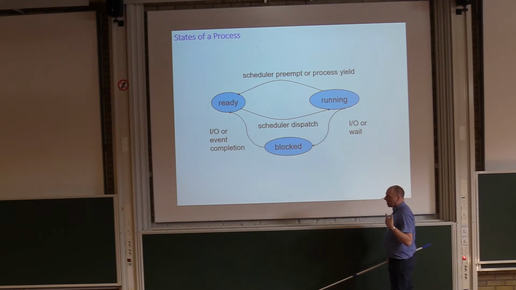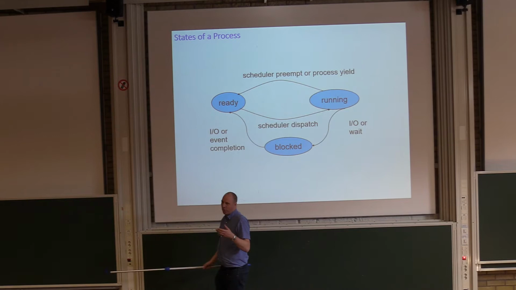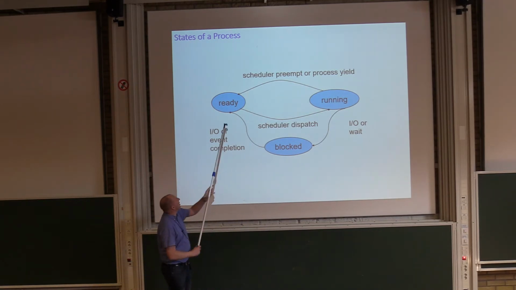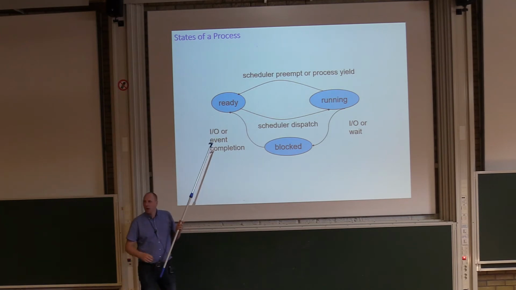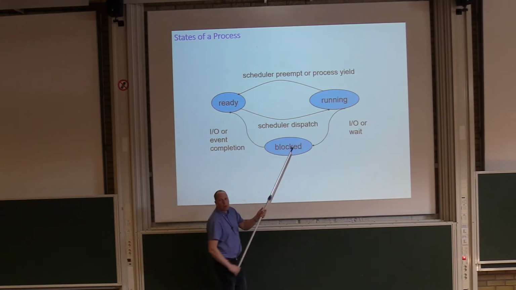When you have started up a thread, we can think about it initially as a program. When it starts up, it starts in the ready state. Then when the scheduler decides that now it's your turn to use the processor, it will switch to the running state.